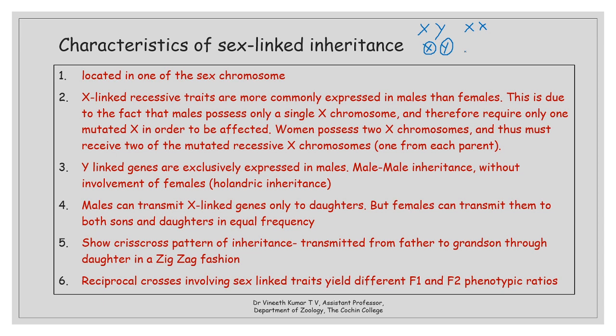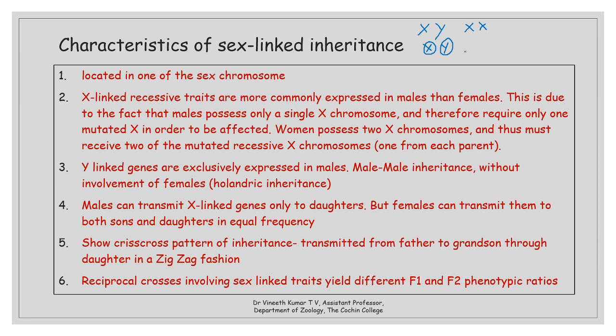So in a male offspring, the X chromosome will be donated by the mother, and the Y chromosome will be donated by the father. The X chromosome in every male is from the mother, or it is maternally inherited, and the Y chromosome is the one that comes from the father.